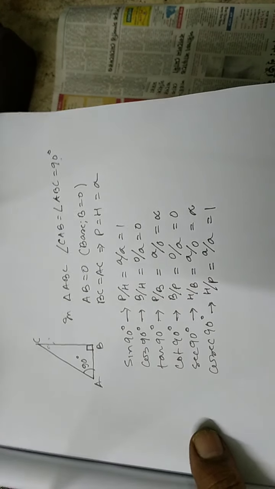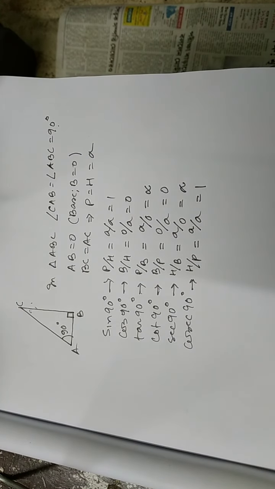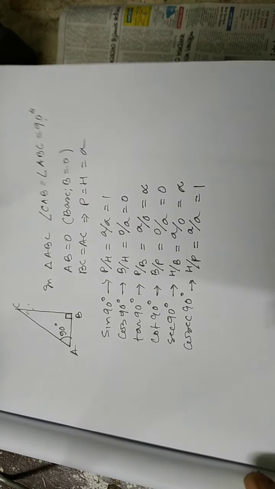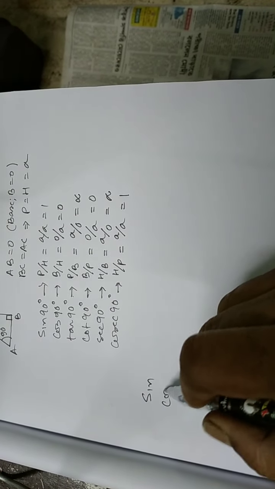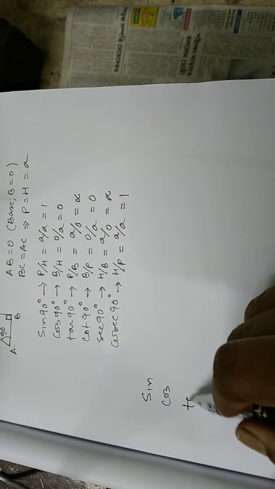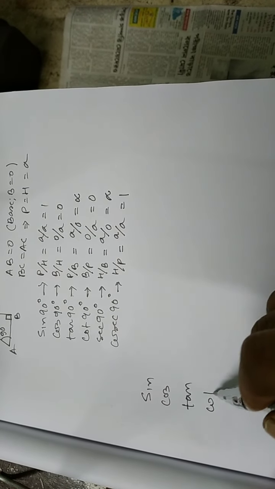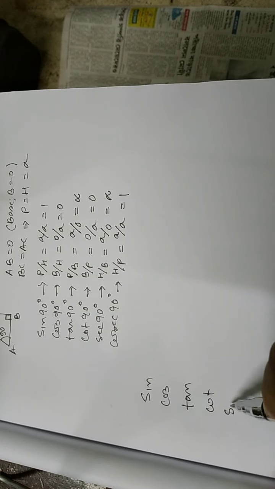So you got the values of sin, cos, tan, cosec, sec, cot. Sin, cos, tan, cot, sec, cosec.